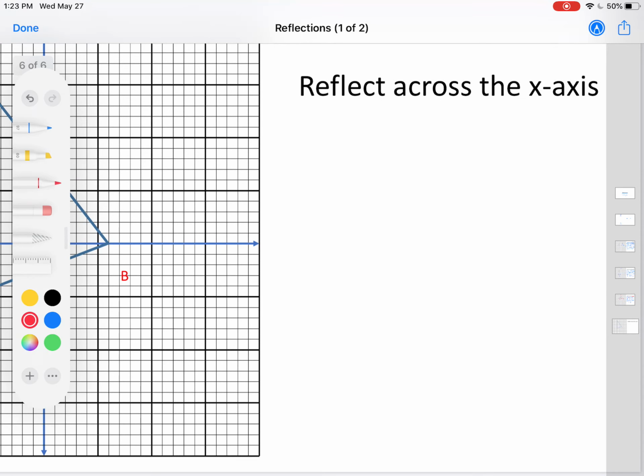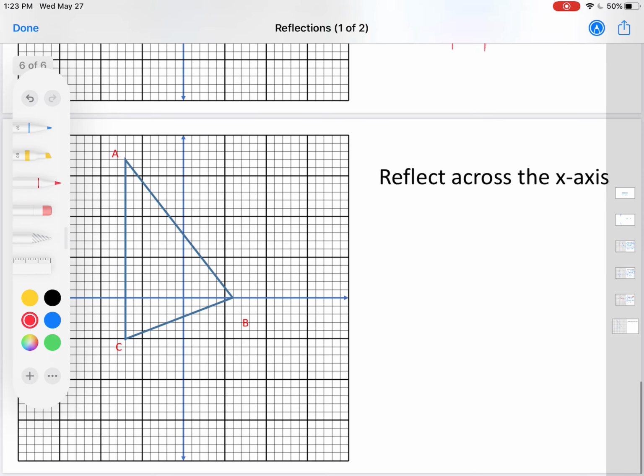Okay, let's do one more. Here's a new triangle. We're going to reflect it across the x-axis. This is the x-axis, that's the y-axis. We're going to go across the x-axis. I'll write the coordinates first. A is -7, +17.